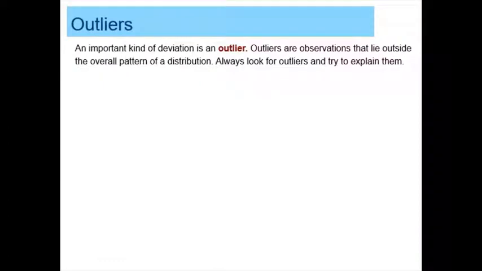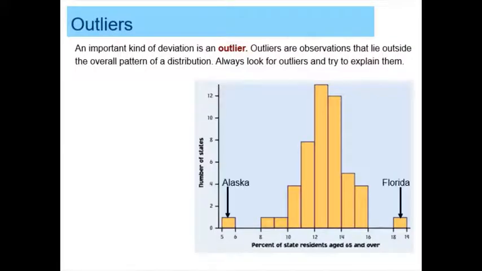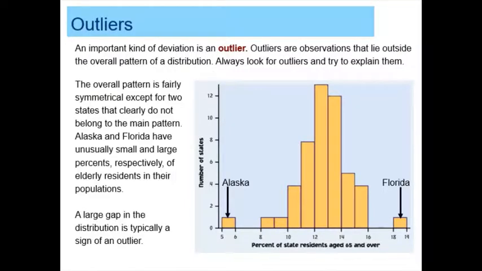An important kind of deviation is an outlier, and outliers are observations that lie outside the overall pattern of a distribution. We always look for outliers and try to explain them, because if we overlook the outliers, we can misinterpret our results. Here we can see the overall distribution of the percent of state residents age 65 and over.